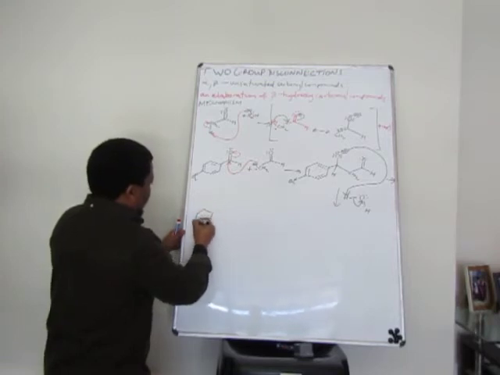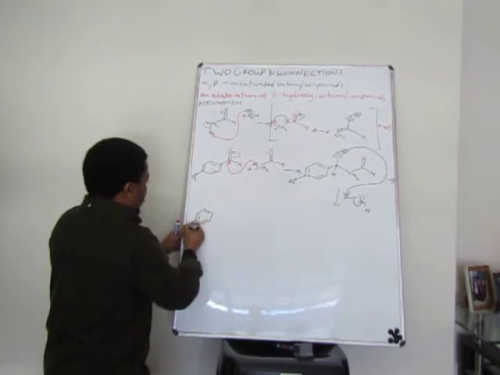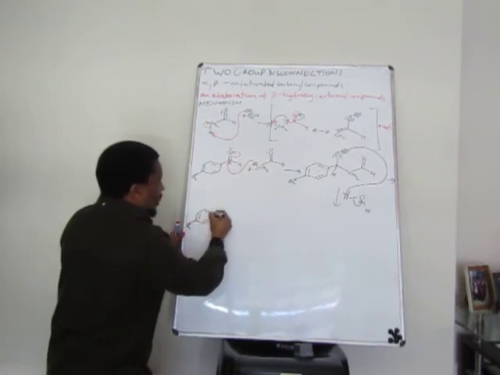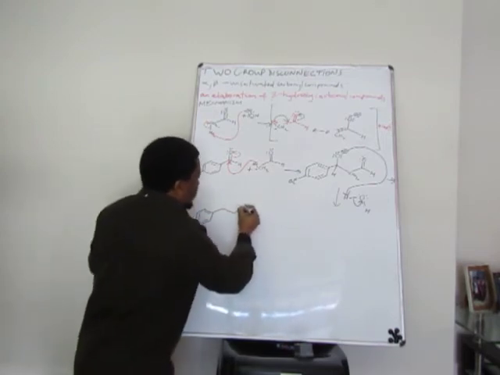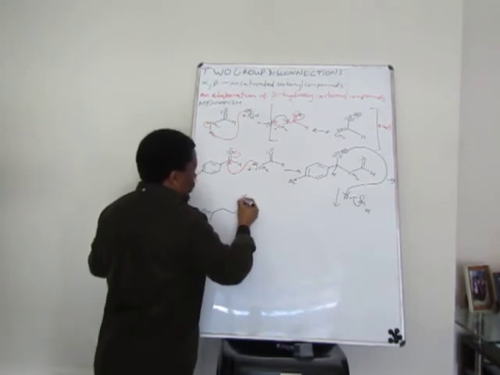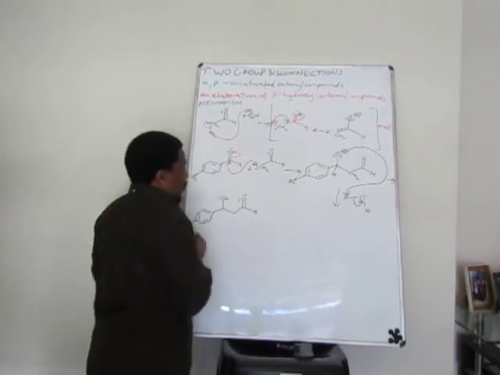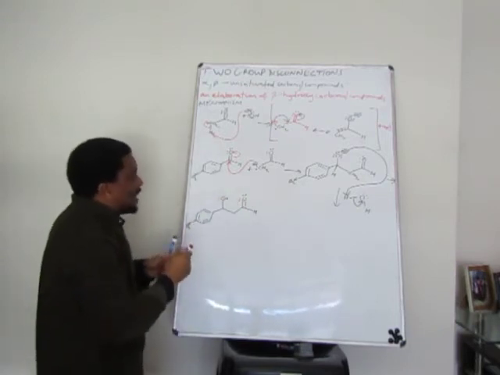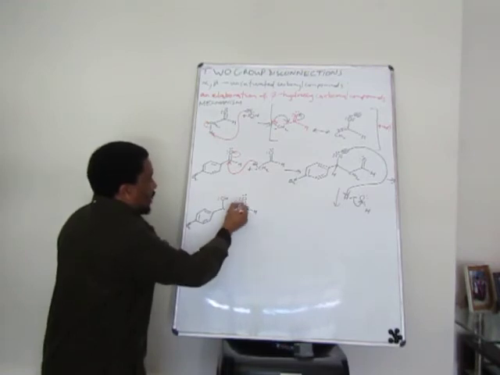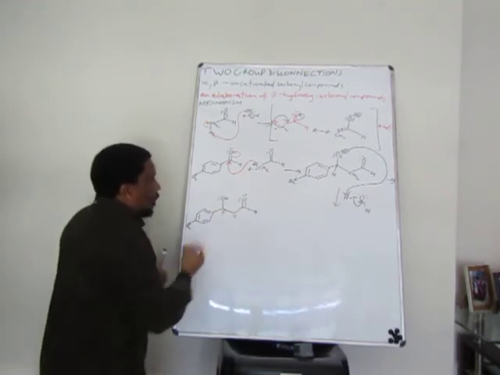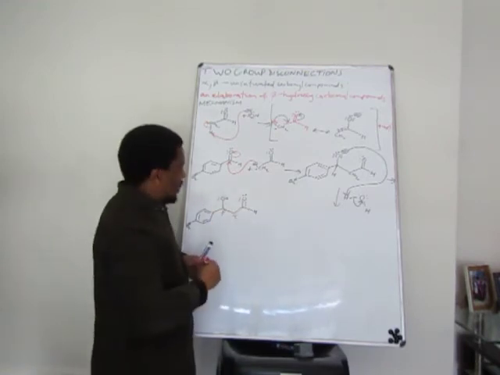There's my NO2, the ring, that CH2, the double bond O, then this CH, then OH. Then I've generated a beta hydroxy carbonyl compound in this case, right?